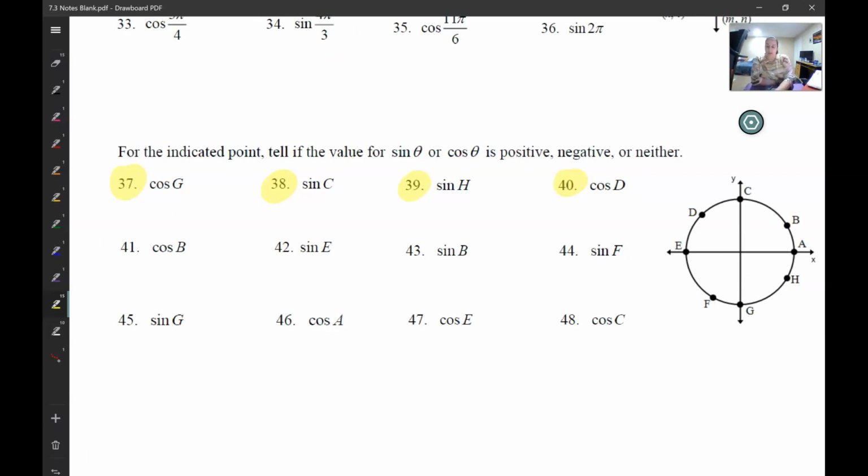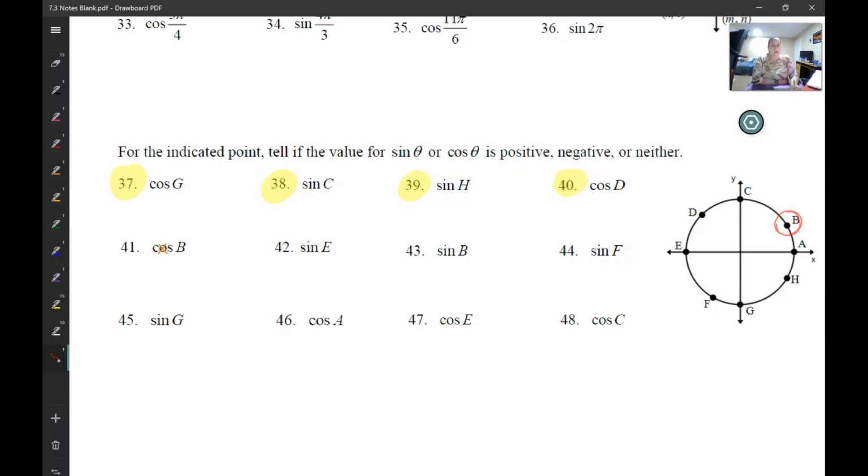Now, read the instructions. For the indicated point, tell if the value of sine or cosine is positive, negative, or neither. So let's look at 41. 41 says cosine. Well, I know that cosine is always my x. So I want the x value, excuse me, at point B. So let's find point B. Here it is.